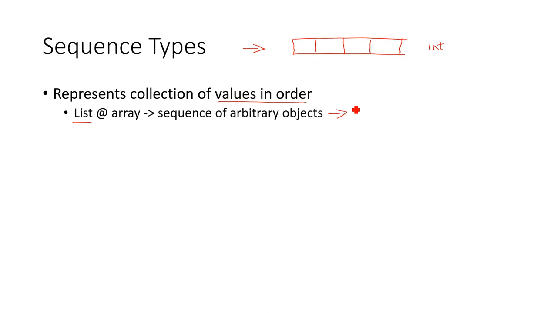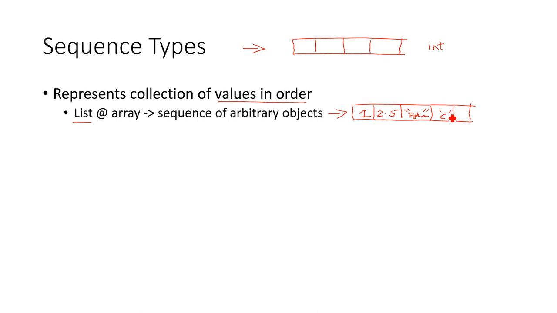Whereas a list also has an array form, the only difference is that here we can have arbitrary objects. What does it mean? In one location you may have an integer value, and in the next location you may have a floating point value. In a subsequent location you may have a string, or a character in an adjacent location.